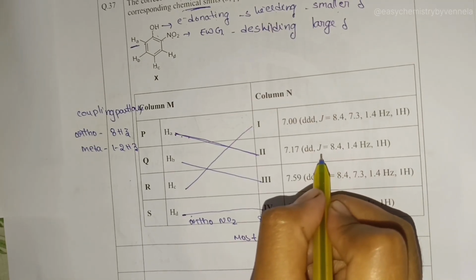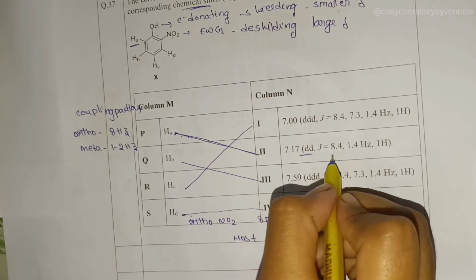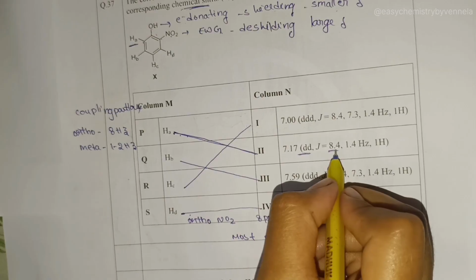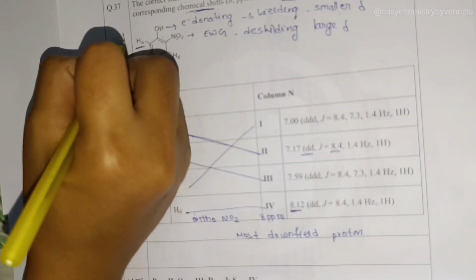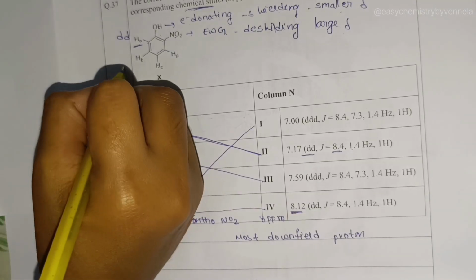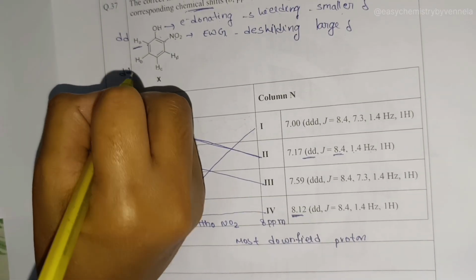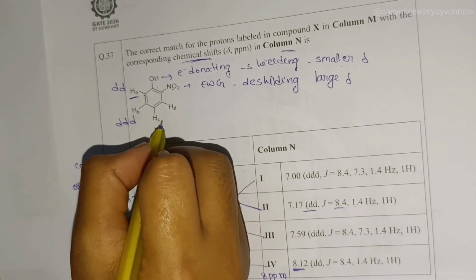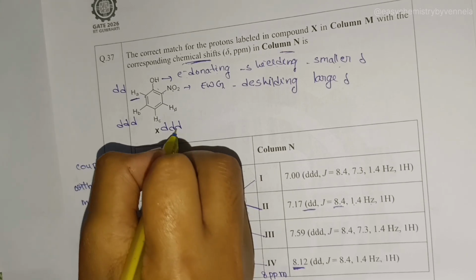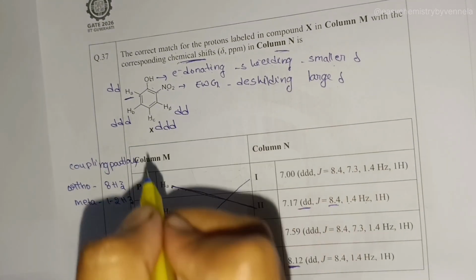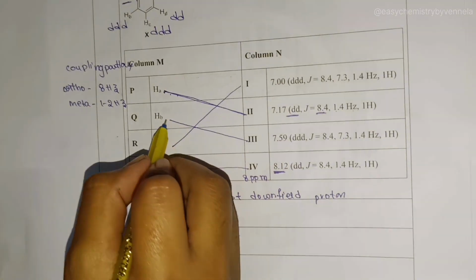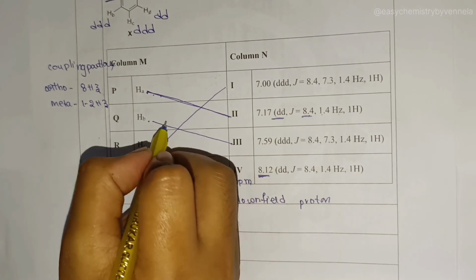In this, doublet of doublet, that is 8.4 and 1.4. Here HA is doublet of doublet, HB is doublet of doublet of doublet, HC is doublet of doublet of doublet, HD is doublet of doublet. Next, HB is ortho to 8.4.